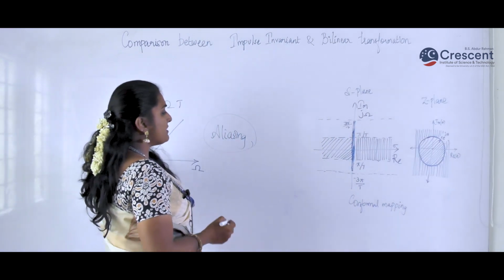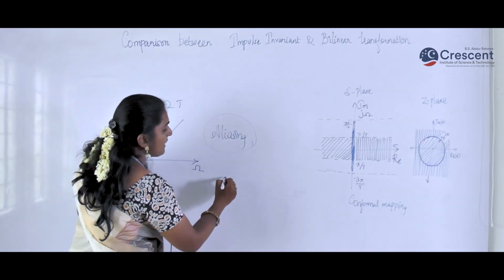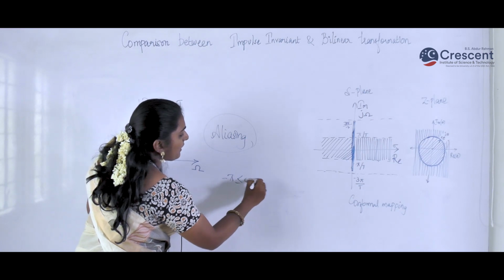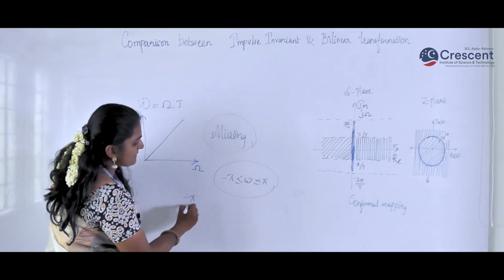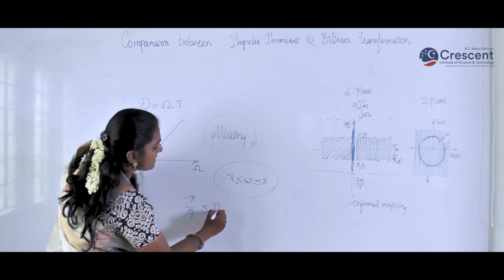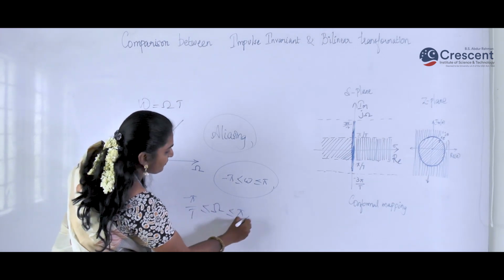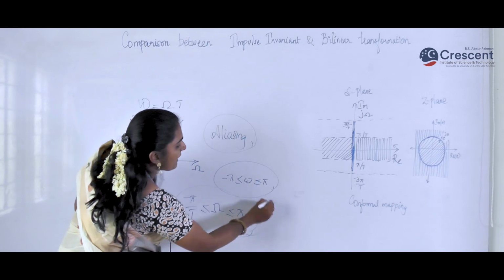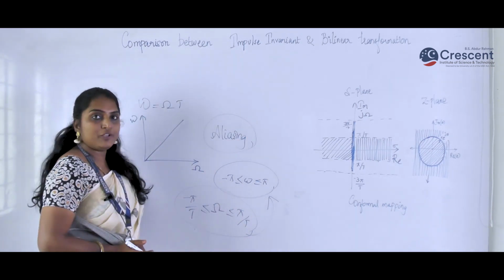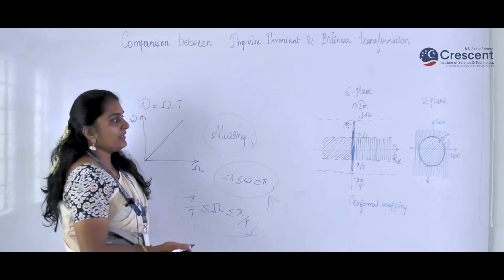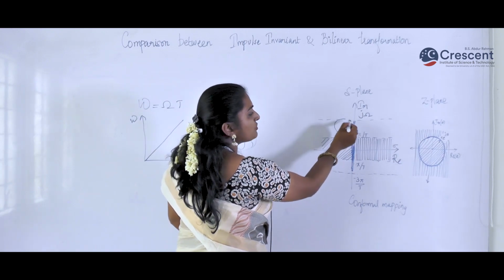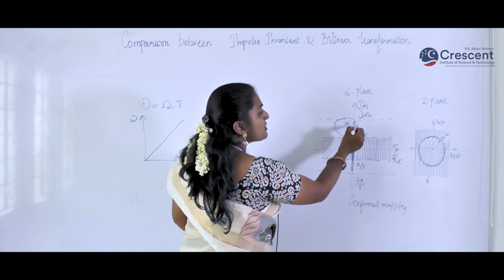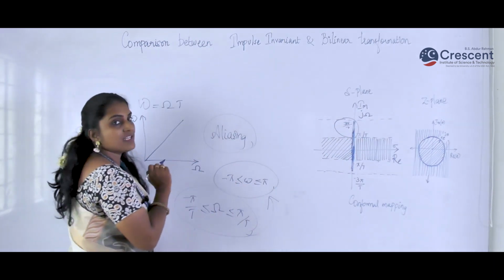All the digital frequencies in the range minus pi to pi are unique. The analog frequencies in the range minus pi by t to pi by t will be mapped in the range of minus pi to pi. But on the other side, when the poles lie in the range of pi by t to 3 pi by t, this will also be mapped in the same range of minus pi to pi.